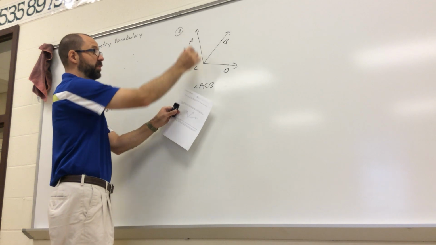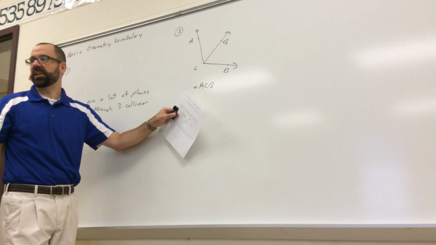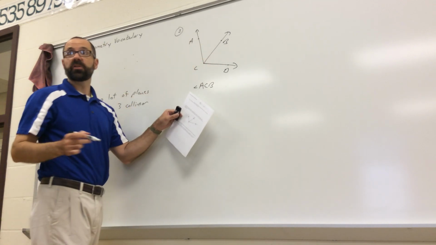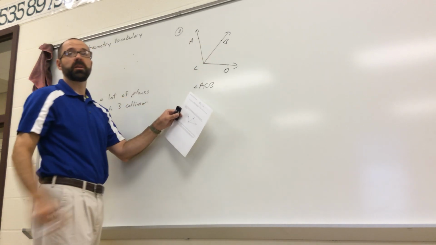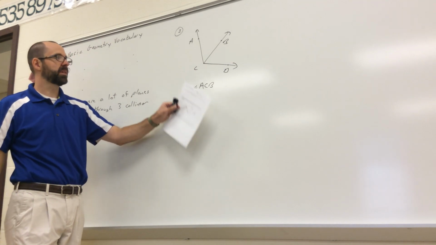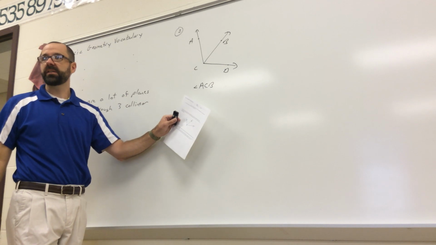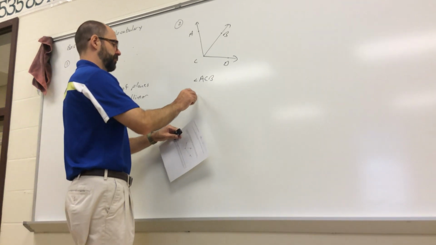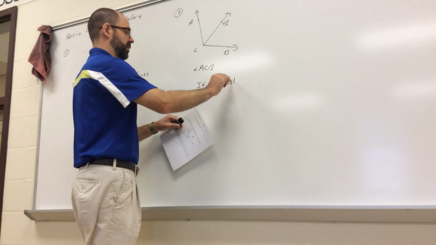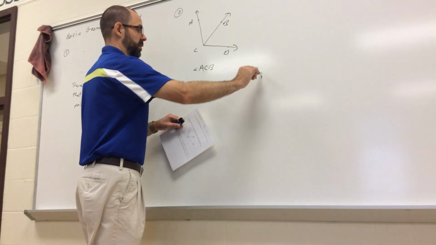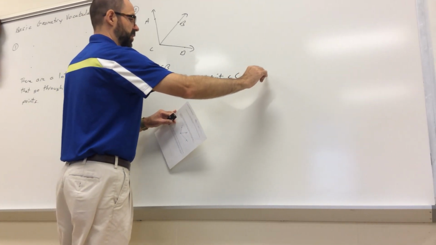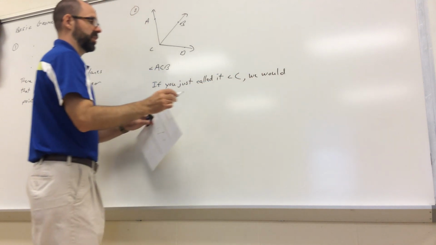If you use those three letters to name the angle, then you know specifically which one you're talking about. So the question on number 2 is, why can't you name the angle angle C? And the answer is, if you just called it angle C, we would not know which of the three you were talking about.